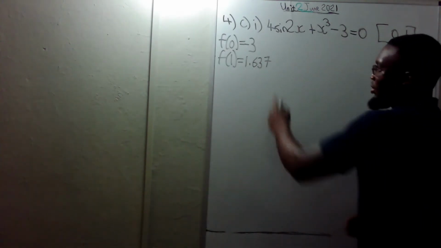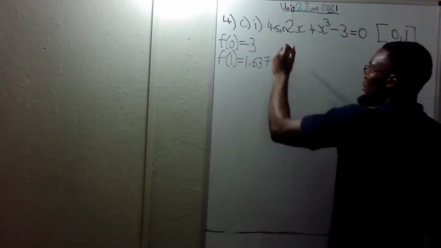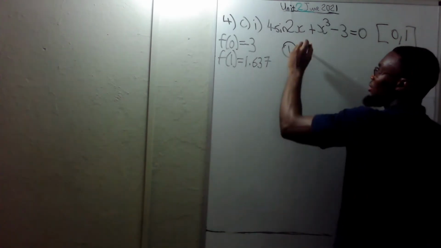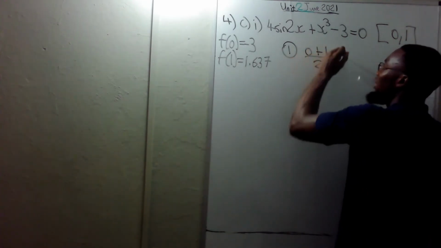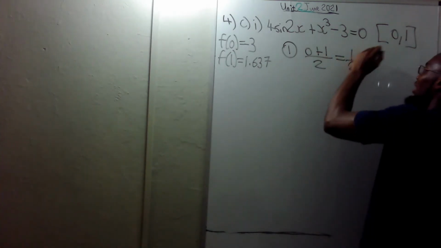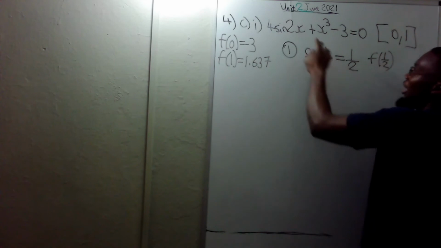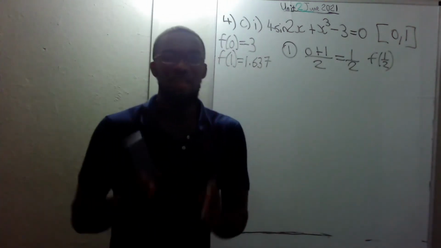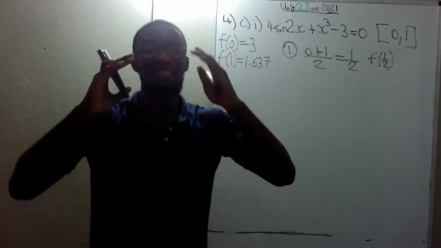First thing we need to do is find the midpoint. So bisection number 1: 0 plus 1 divided by 2 is a half. Now what is f of a half? Plug a half into this function. Please remember, put your calculator in radians.